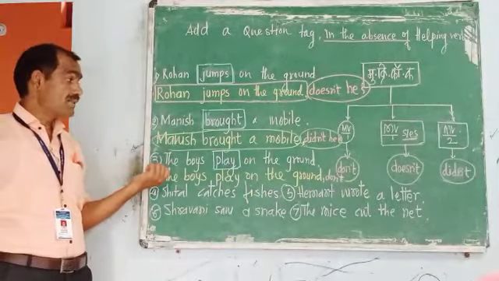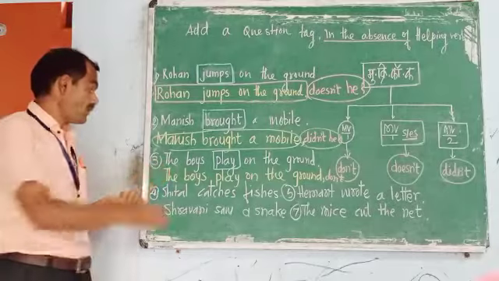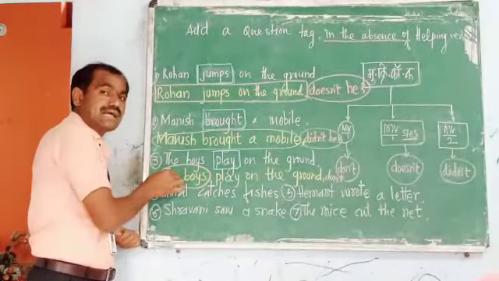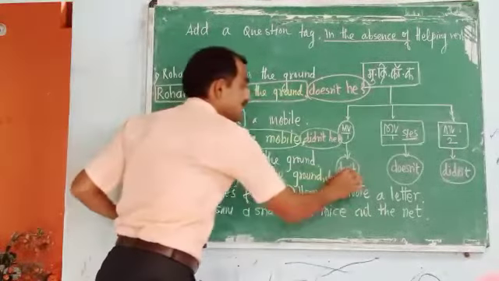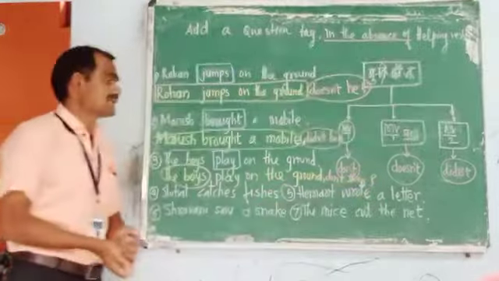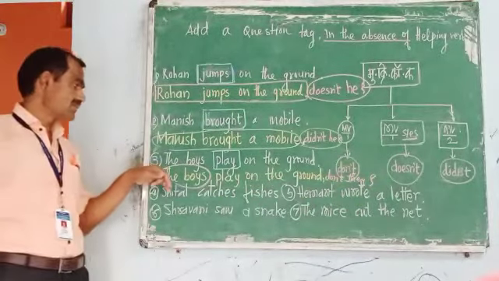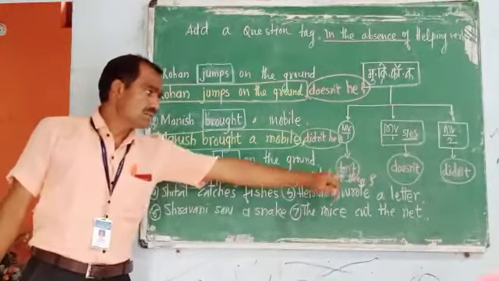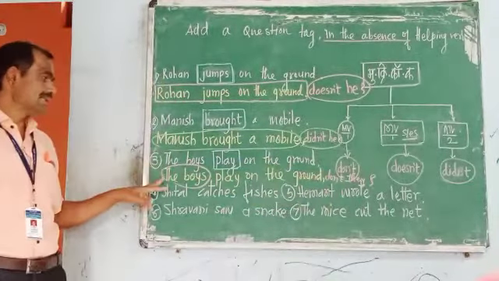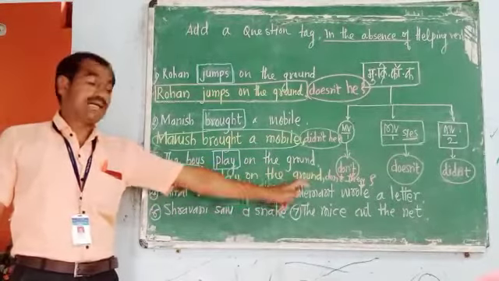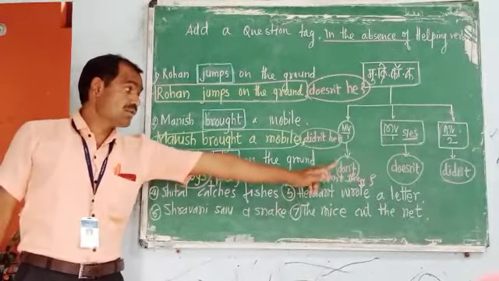Then after don't we need to use a proper pronoun. Subject here is the boys and the proper pronoun would be they. So remember, the answer of this sentence would be: The boys play on the ground, don't they? The given sentence is the boys play on the ground and the tag question is don't they.